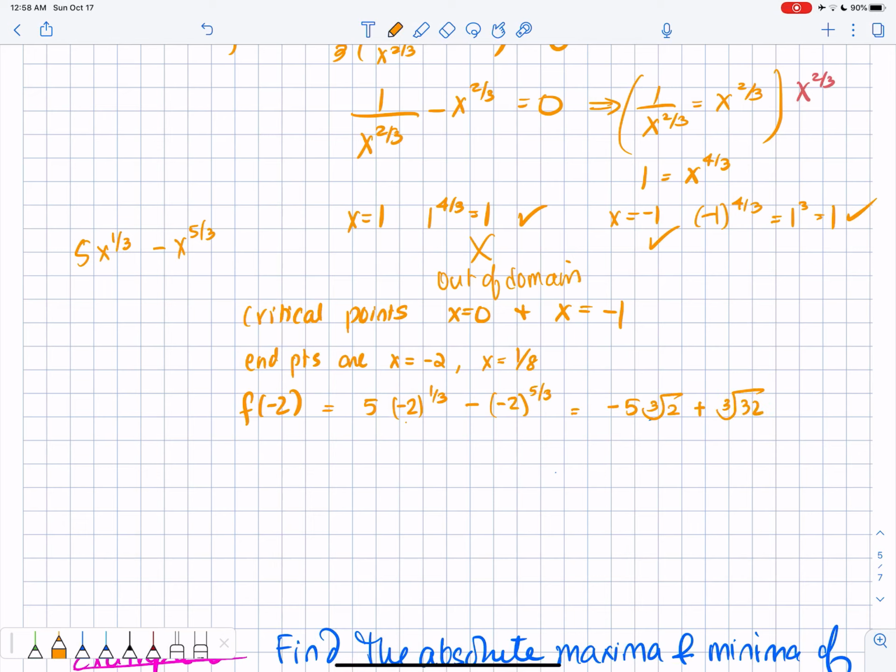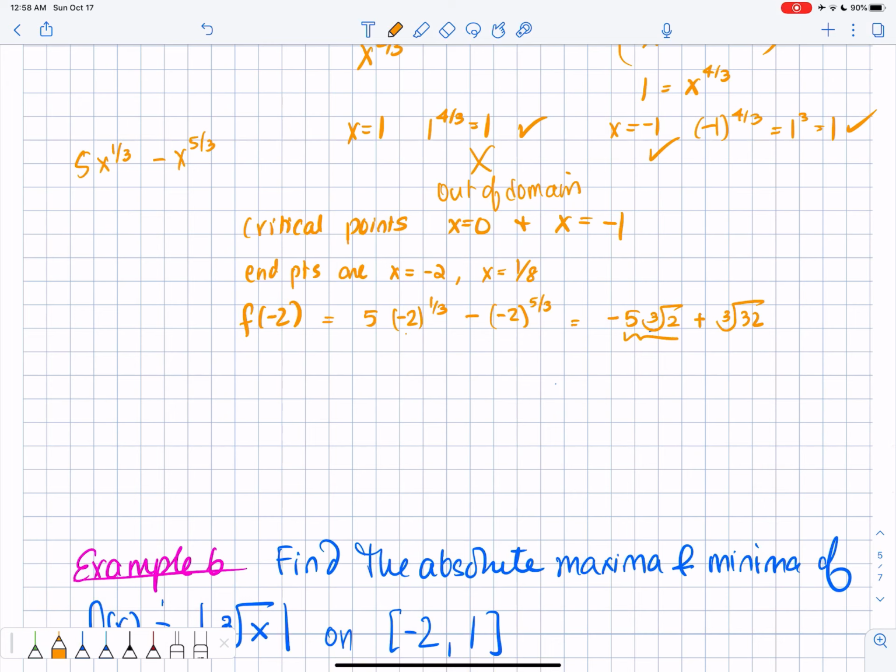All right. And if you want, just take a look at this. What will this be? If you look at 5, 5 is the cube root of 125. So this whole thing will be the cube root of 250, plus with a minus there. Okay, just writing it so in case you need that to compare the values.